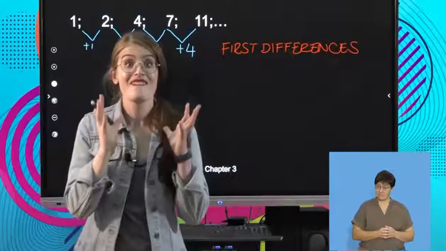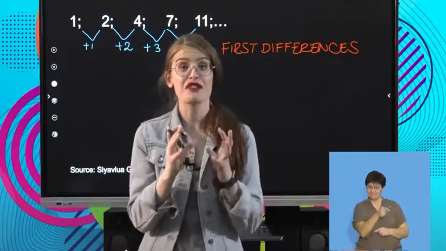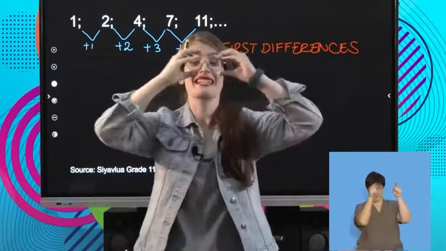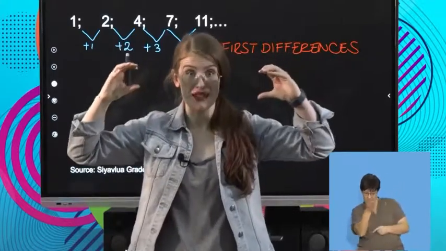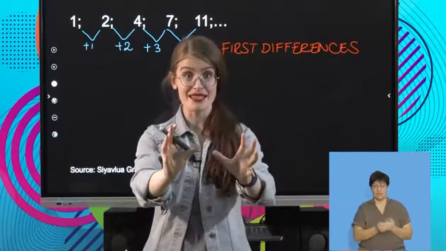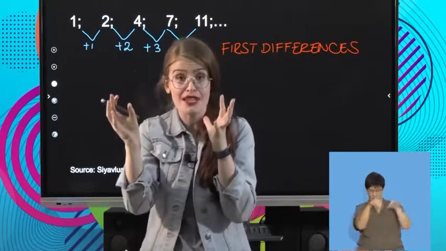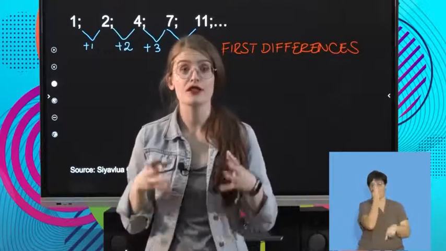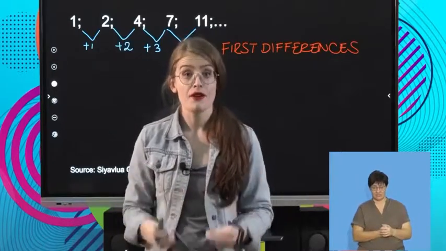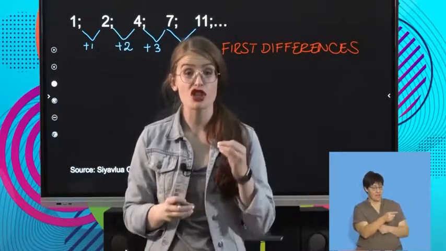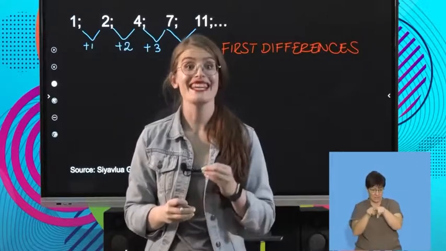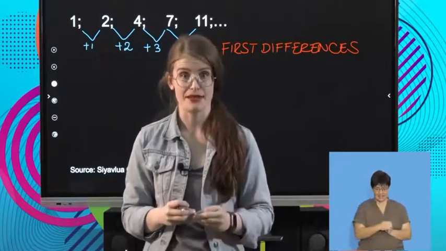The numbers that I've written on the board, these are first differences. So, first differences are the differences between the presented values in your pattern. So if I give you a pattern and you figure out the differences between those term values, that is your first difference. If your first differences are equal, it is a linear pattern.